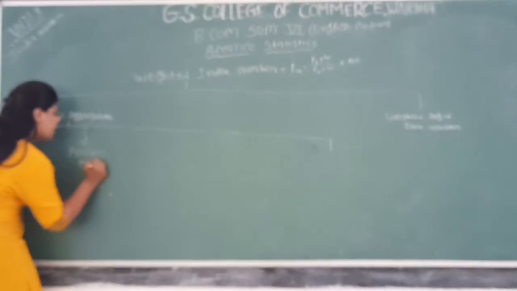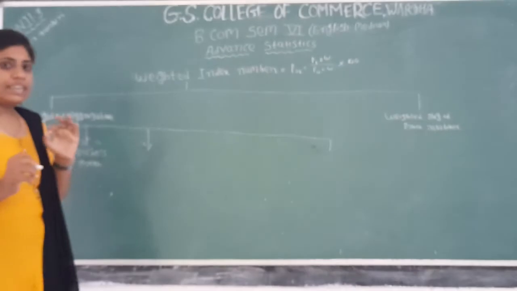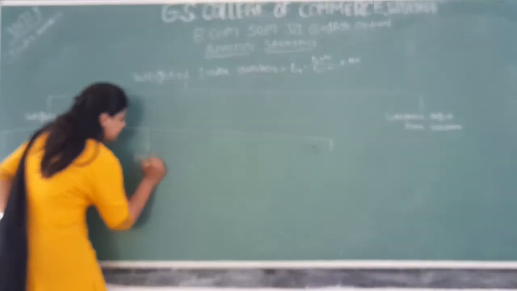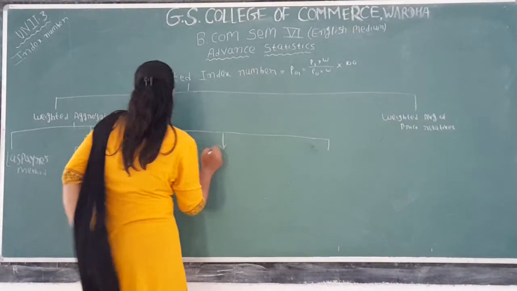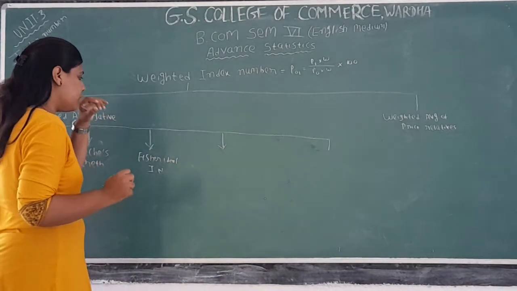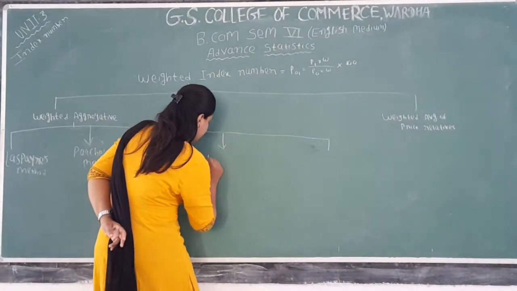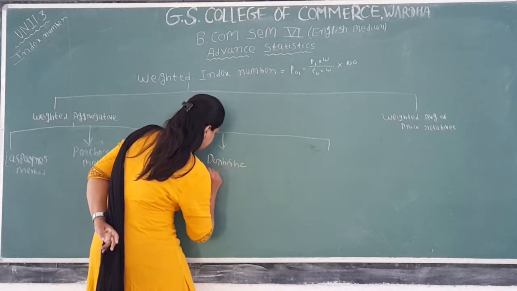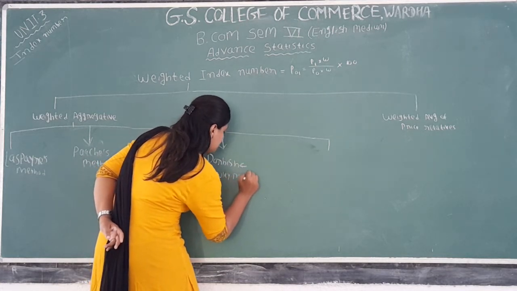After that, we have Fisher's Ideal index number. After that, under the weighted aggregator method of calculating index number, we have another formula which has been given by Drobisch and Bowley. So we call it Drobisch and Bowley's method.